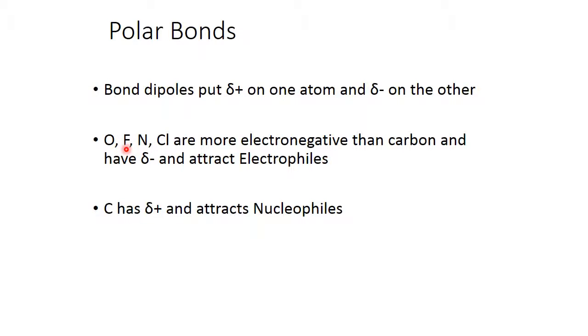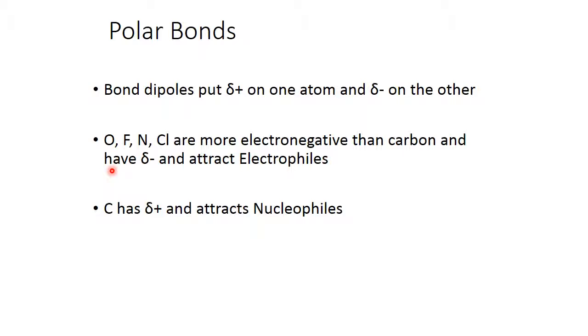Fluorine and chlorine usually don't attract electrophiles. We're going to see it's usually the oxygen and the nitrogen that do, because they have non-bonding pairs that hold a lot of negative charge in them. They're compact.